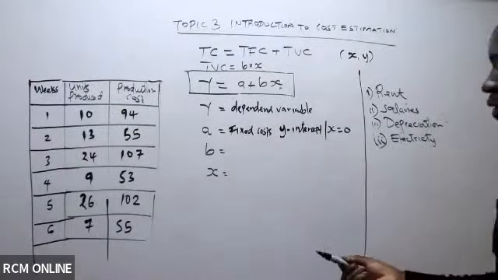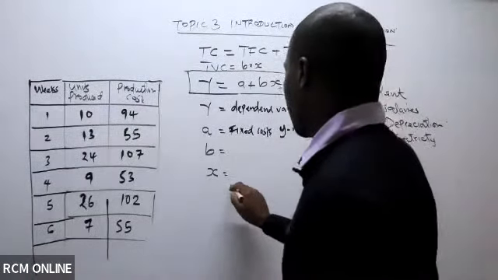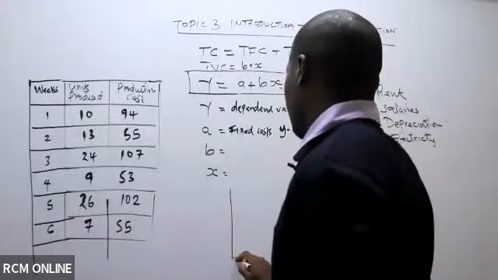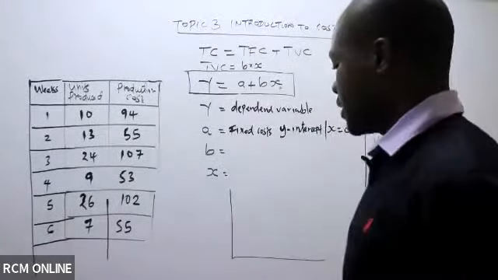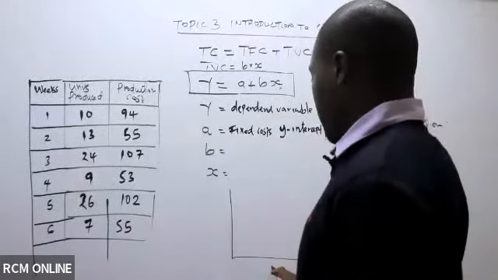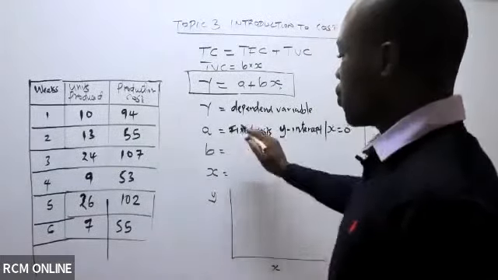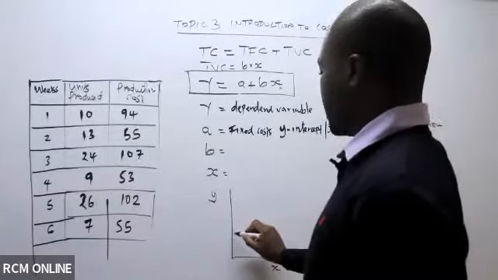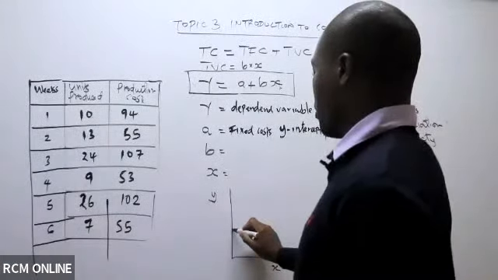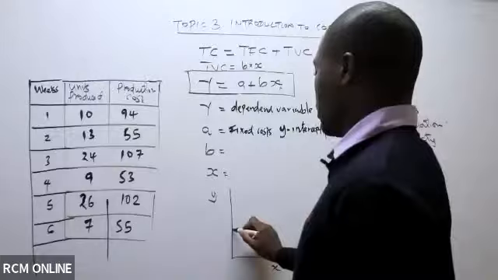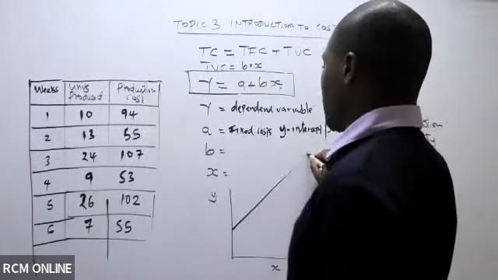If you look at the curve, this is how the curve will be looking like. So this is what you're going to have. If you are to have that curve in place, activity level, this is X, this is Y, right? So we have total cost. This total cost, you'll find that it's starting from this particular point.